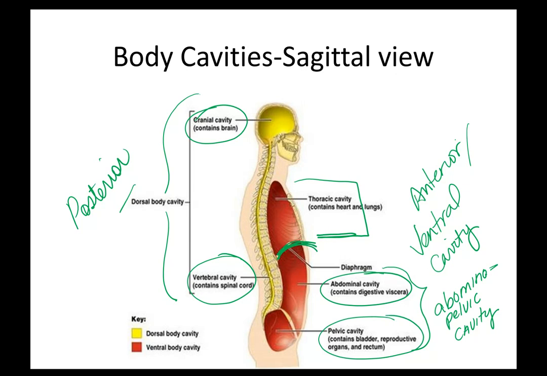The abdominal cavity contains your stomach, your liver, your gallbladder, most of your intestines, pretty much your digestive internal organs. The pelvic cavity contains the bladder, the rectum, and the internal reproductive organs, so the uterus, the fallopian tubes, the ovaries.